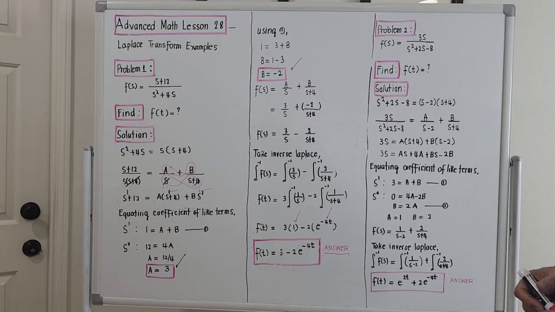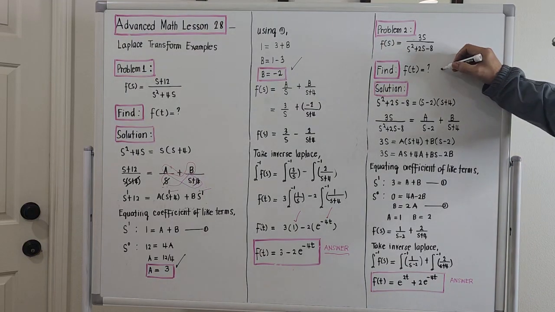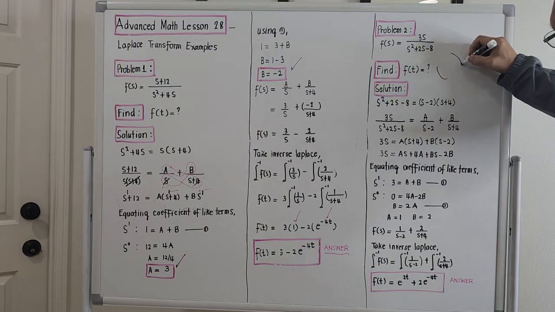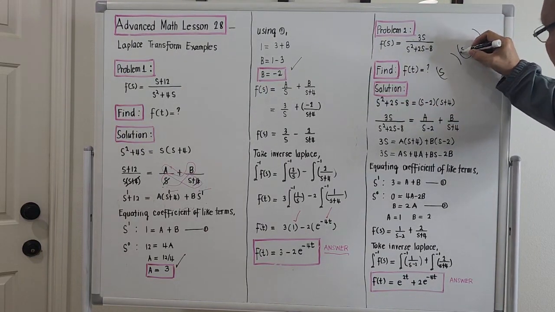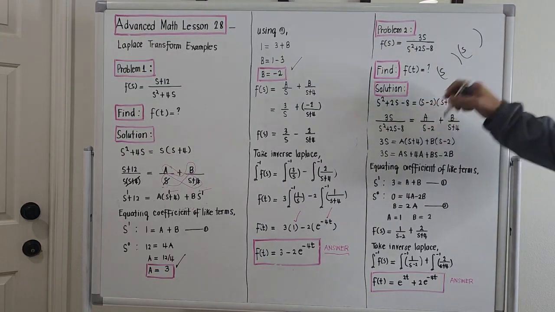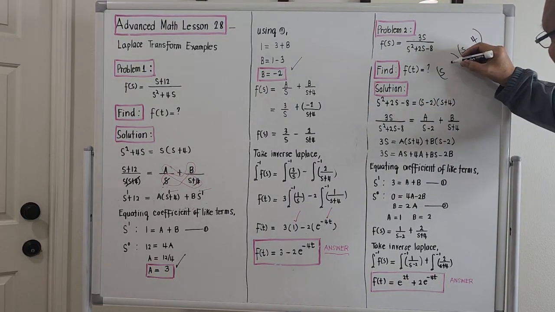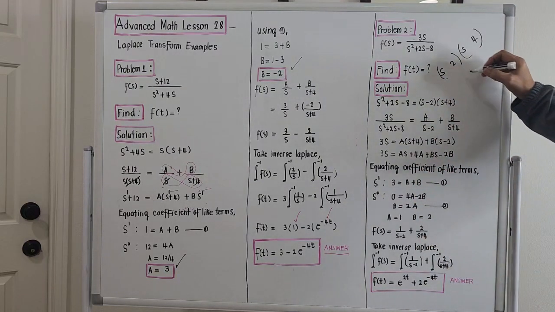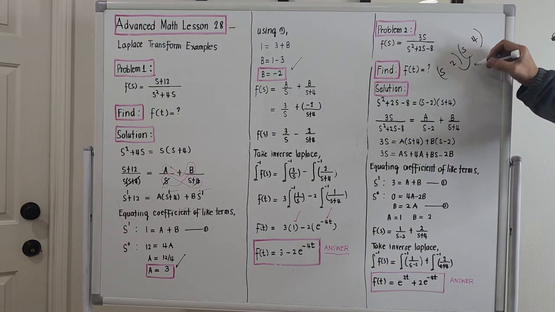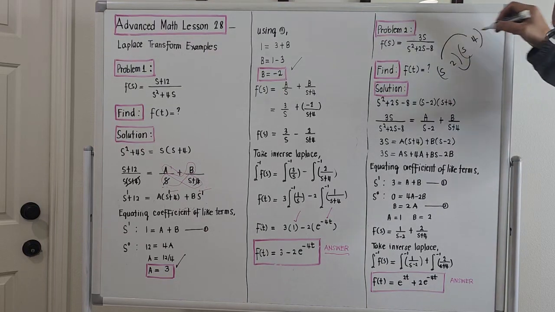So use your knowledge of algebra here. The possible factors of s squared are s and s. And the possible factors of 8 are 4 and 2. Let's check the value of the middle term. This is 2s and this is 4s.